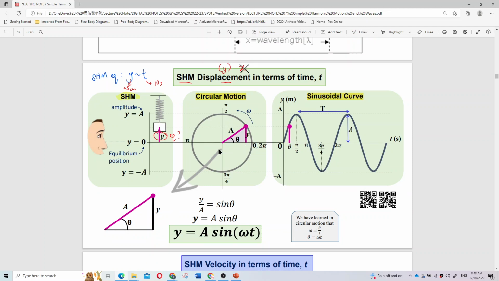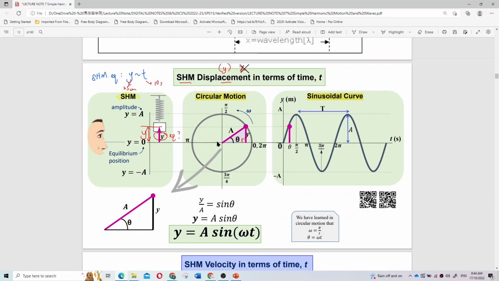This is a right angle triangle, 90 degrees over here. We want to know the length from here to here. This is actually y. So this y is the same as the y component of this amplitude.